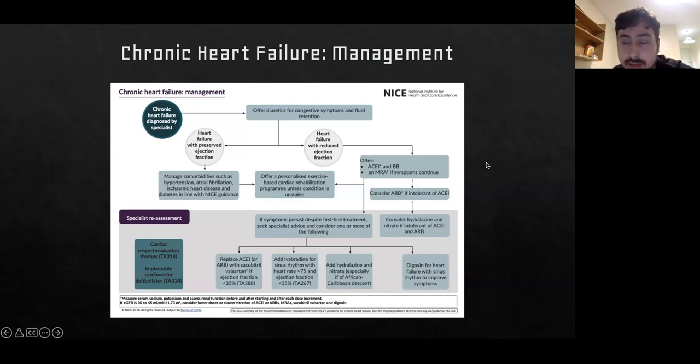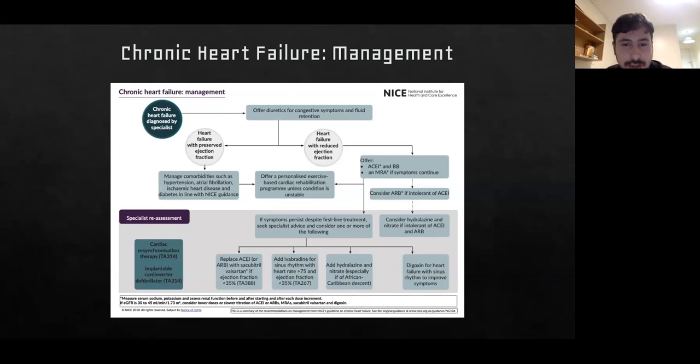You start by offering an ACE inhibitor and a beta blocker, and if these two don't work, you can move on to mineralocorticoid receptor antagonists like spironolactone. And for both HFrEF and HFpEF patients, we have this personalized exercise-based cardiac rehabilitation that we discussed before.